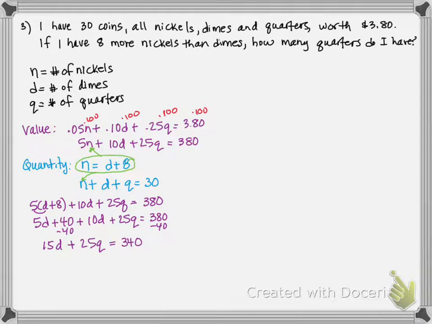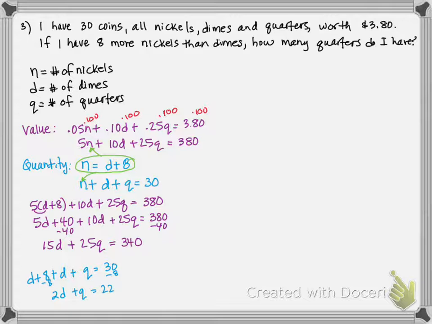For the second one, I substitute for the n and get d plus 8 plus d plus q equals 30. So I'm going to subtract 8 from both sides and combine like terms. D and d is 2d plus q equals 22.